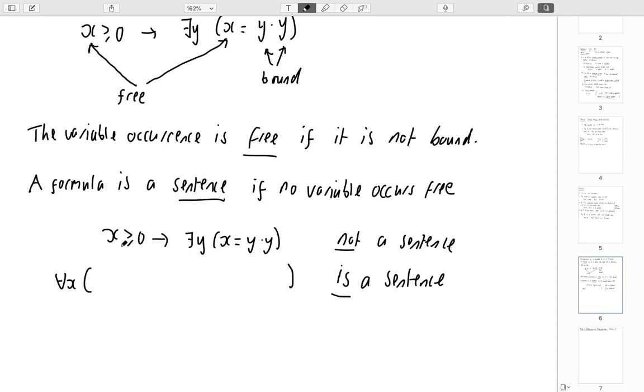In the rationals, it is true for those numbers x that are either negative, in which case they vacuously satisfy the implication, because x is greater than or equal to 0 is false, or they are rational numbers whose square root is also a rational number.